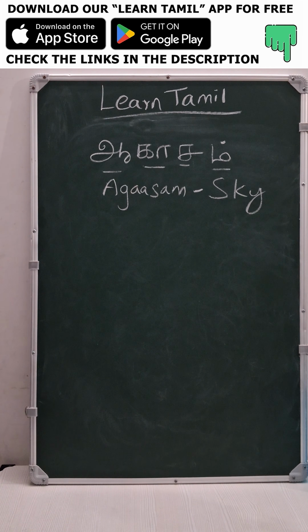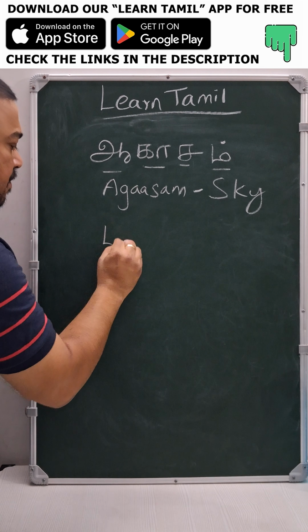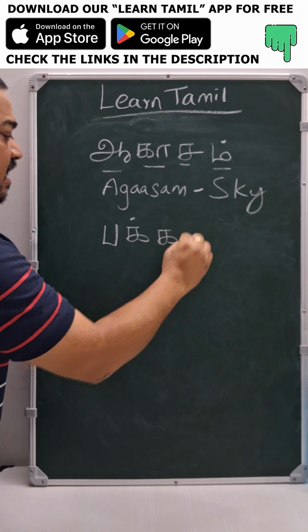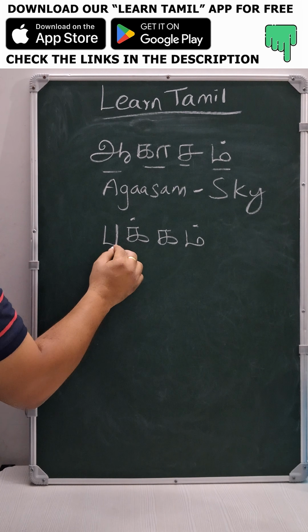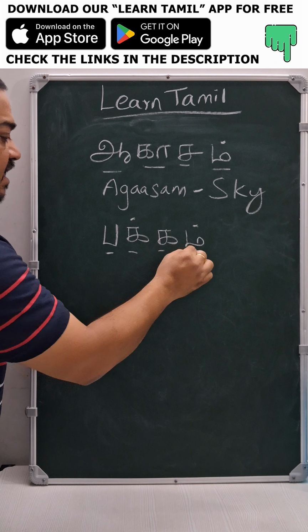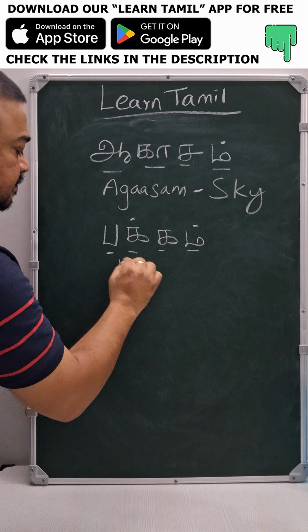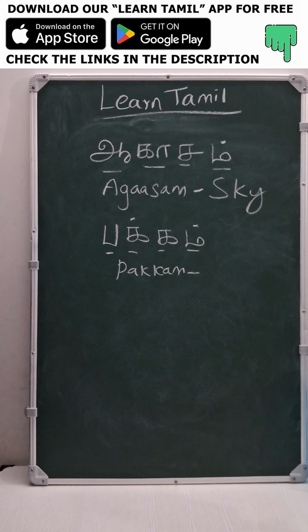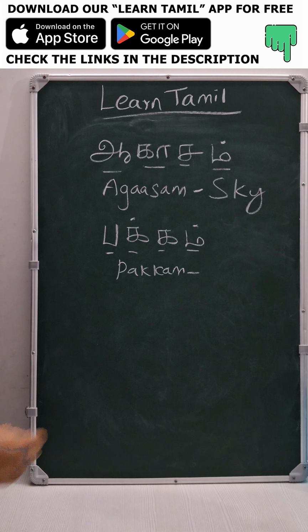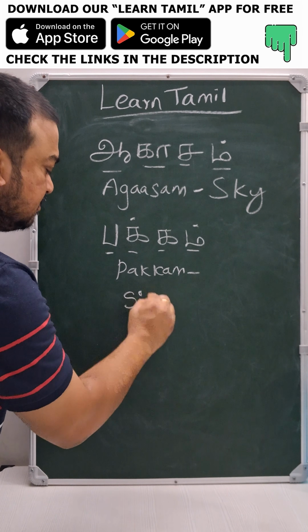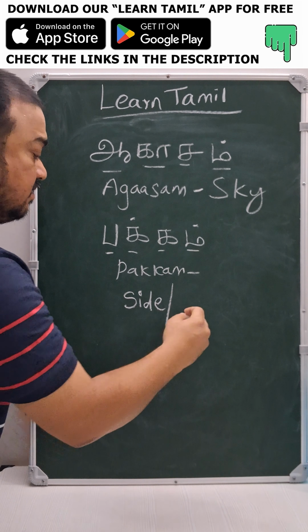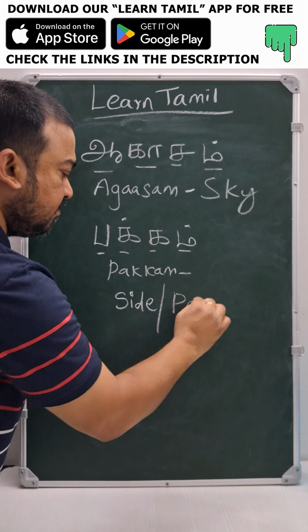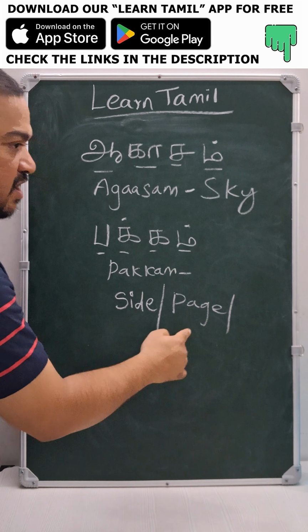Okay. Let's move to the next word, which is pa, k, ka, m. Pakkam. This word has several meanings. For example, pakkam is side or page. A book page.